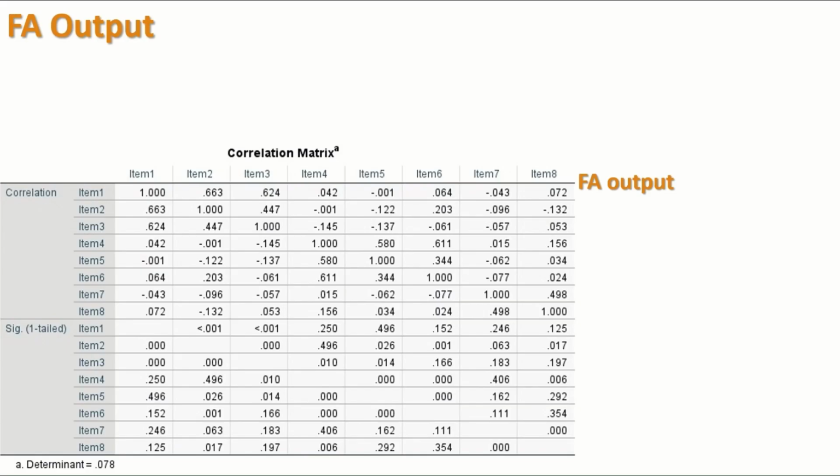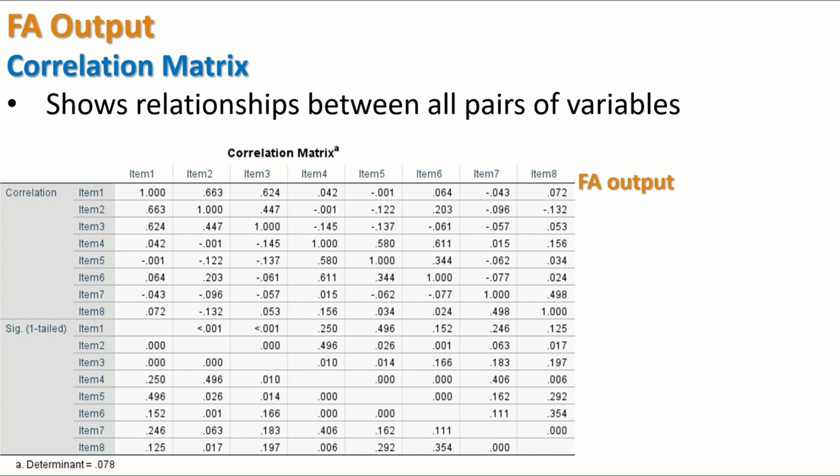When the factor analysis is performed in SPSS, an output is generated, and a table is generated for the correlation matrix. The correlation matrix shows the relationship between all pairs of variables. Here there are 8 questions, and this matrix shows the correlation between all the possible pairs of those items.